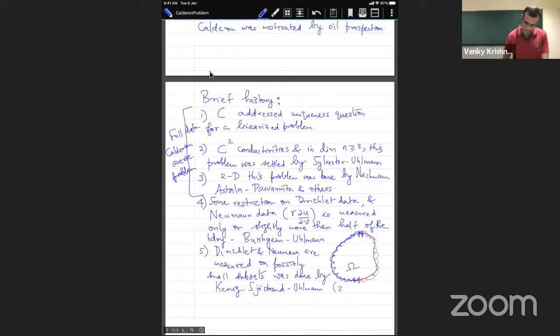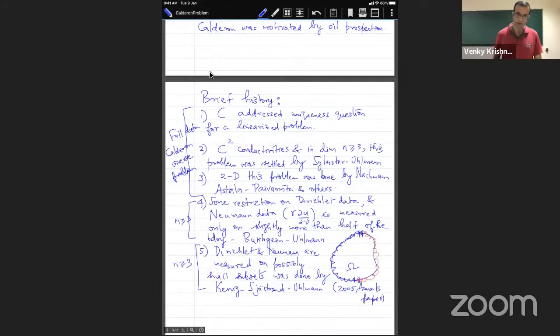I think that was a 2005 Annals paper. Again, I just want to emphasize that here the dimension is bigger than or equal to 3, and here again the dimension is bigger than or equal to 3.